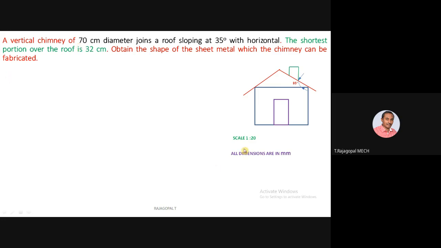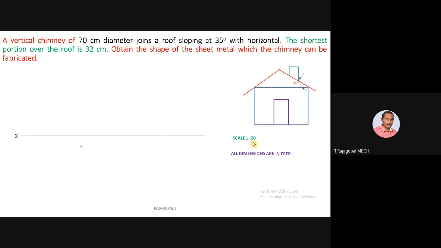I set a scale of 1:20. What is the meaning of 20? 70 centimeters, 70 divided by 20, is 3.5 centimeter. I'm going to use it in terms of mm, which means 35 mm.